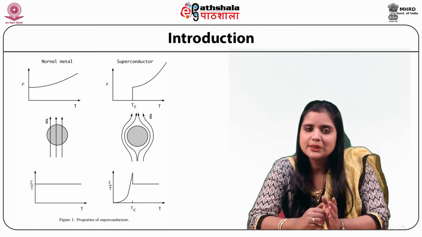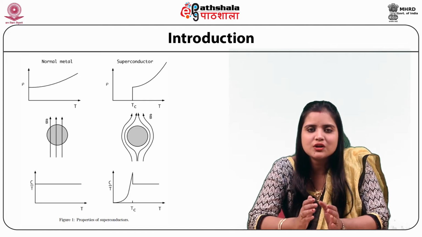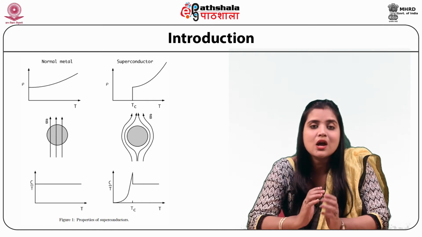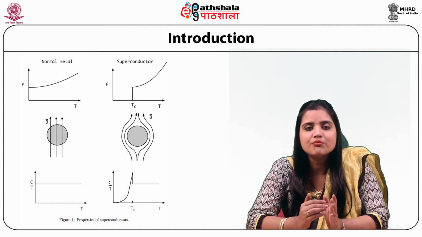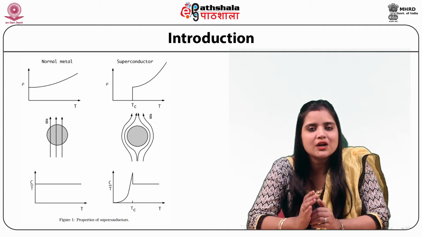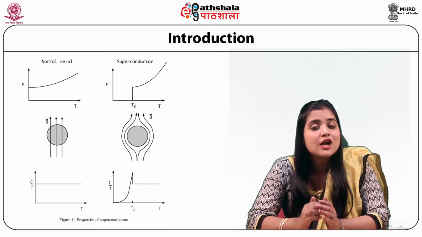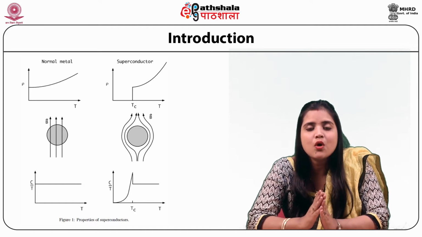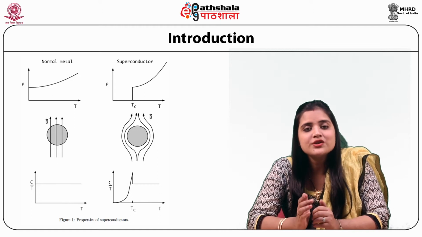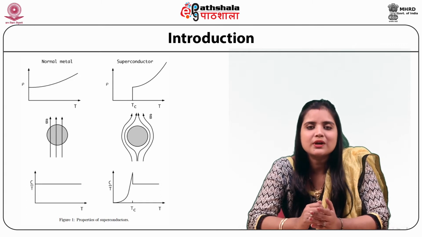In 1911, scientists discovered that as the temperature of mercury was reduced to around 4.2 Kelvin, the resistance of mercury did not fall continuously as expected, but in its place it dropped suddenly to zero over a range of a few hundredths of a degree. This phenomenon of zero resistance of a metal was termed superconductivity.